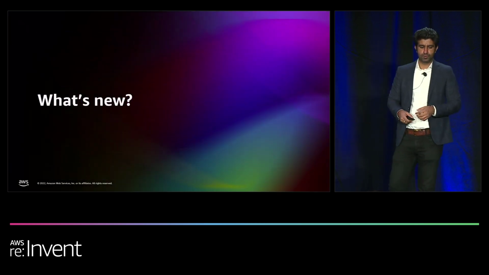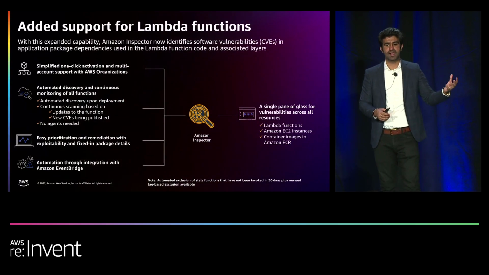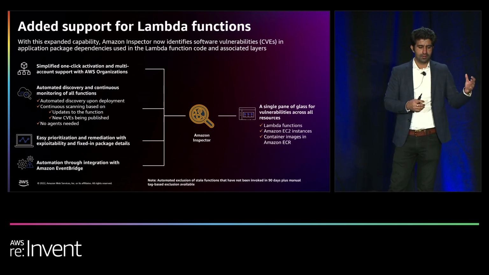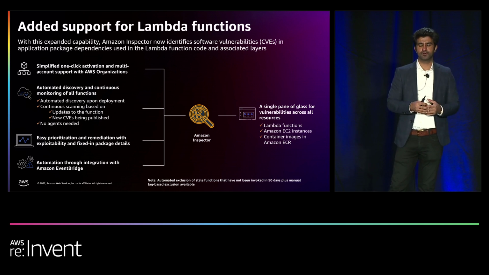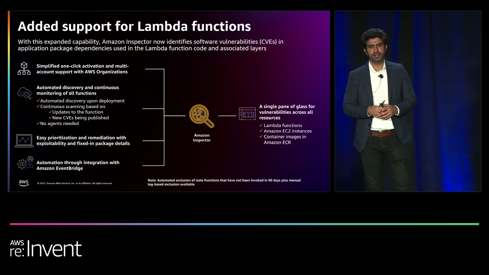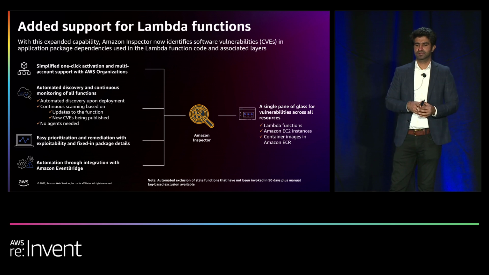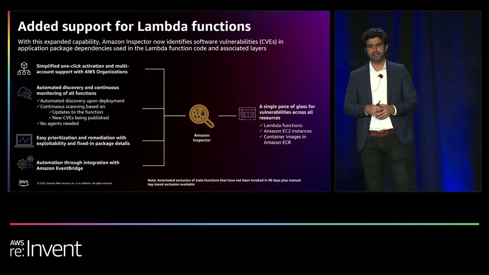So what's new? Essentially, how would the scanning for serverless functions work? I will show this in the demo, but as Rick explained, we have tried to make a very consistent operating model for serverless functions also. So for existing customers who are already using Amazon Inspector, they have to go to their account management page and, with one click, can enable all their accounts for Lambda standard scanning.